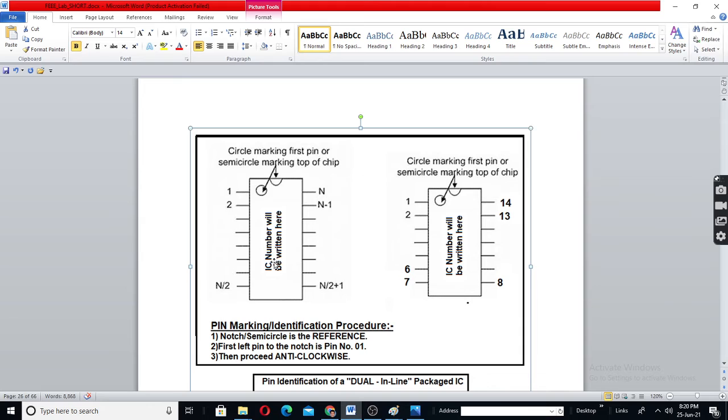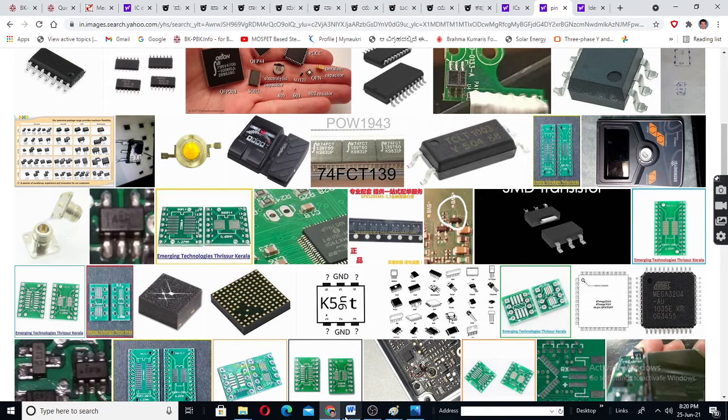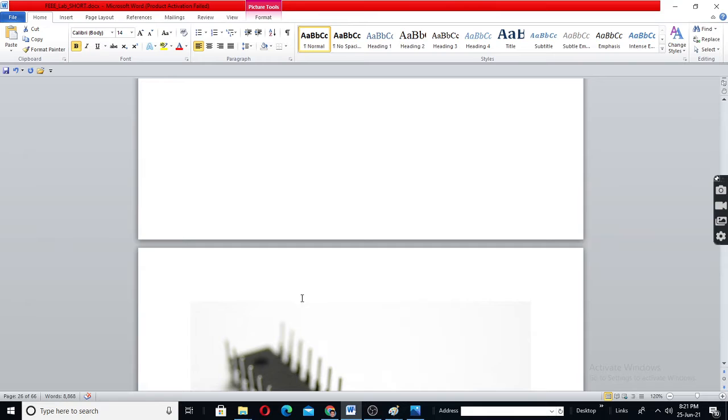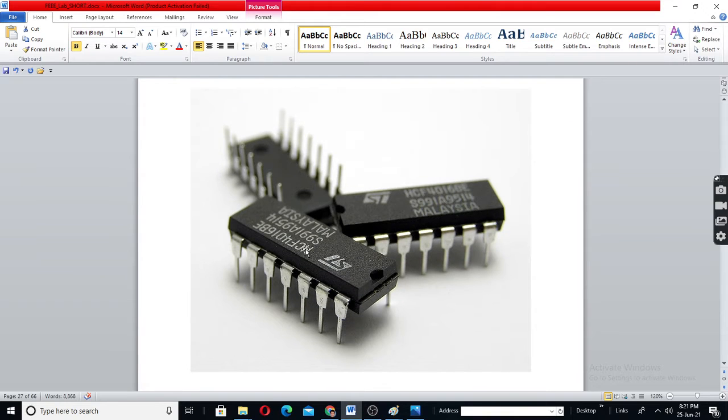The IC number, with some very small details, will be written on the top of the IC. See here, it is written HC, F4, 0168E. In this, all these things are not numbers.